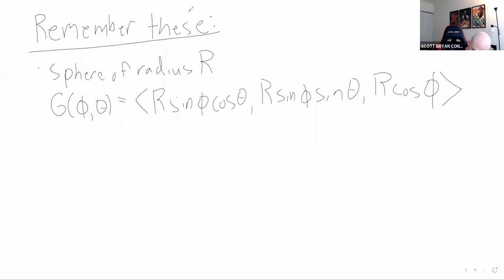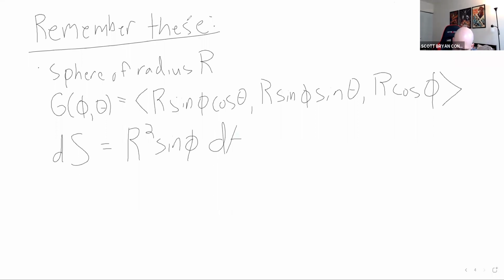But yeah, use spherical coordinates, but set rho equal to R. And in that case, if you're integrating a scalar function, dS is going to be R squared sine phi dA, d phi d theta.